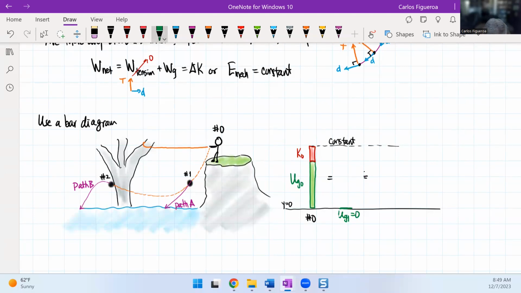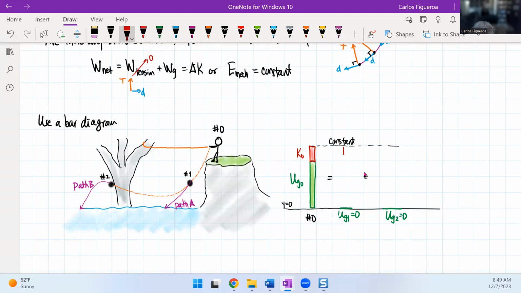In other words, the rest of it has to be kinetic energy. When I look at path B, the gravitational potential energy when I get to here has to be 0 as well.